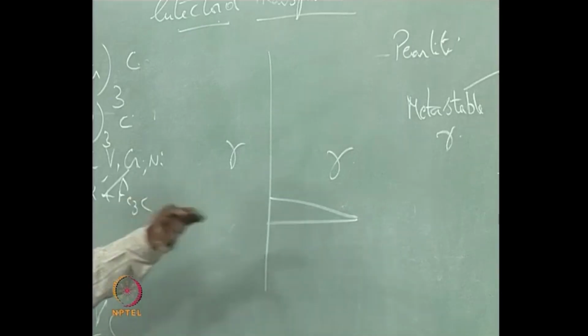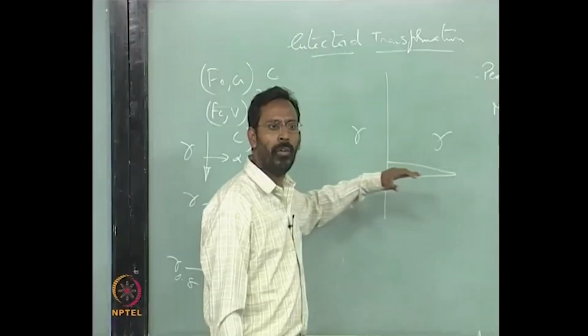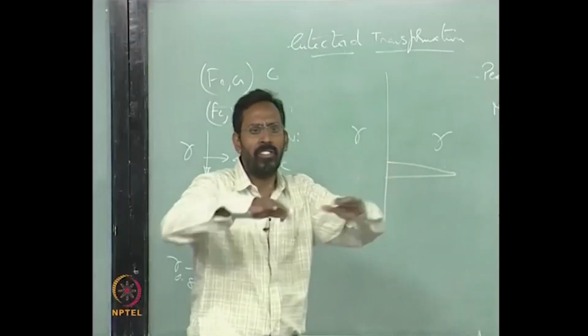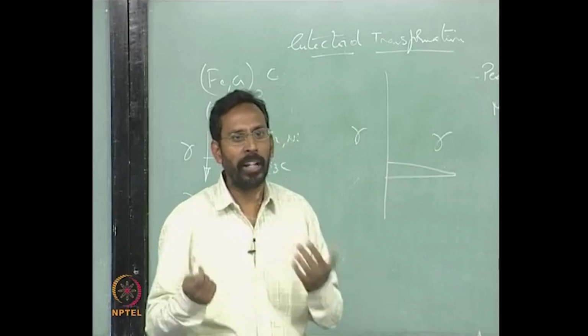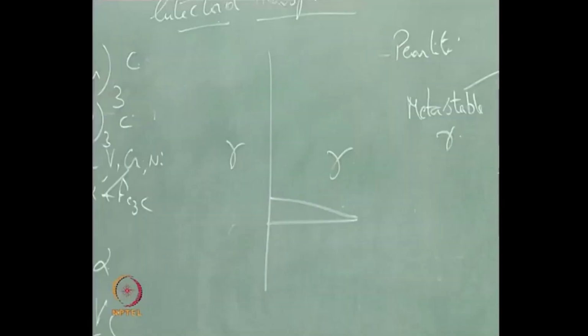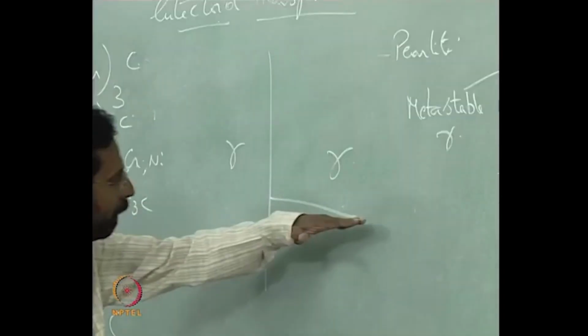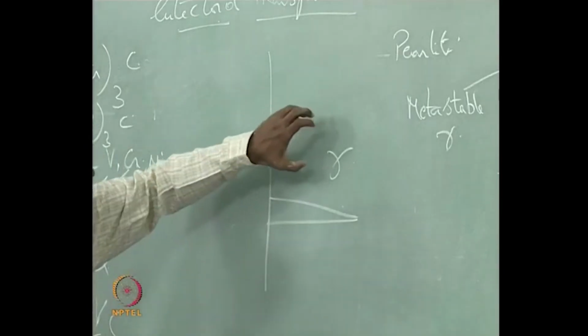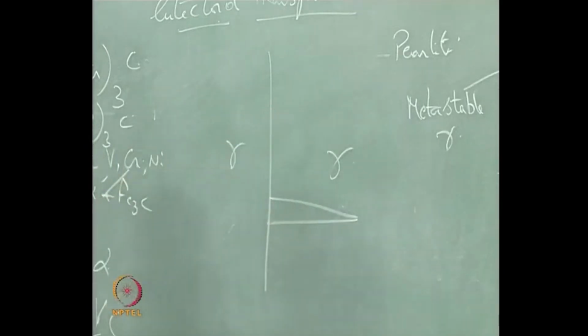So as a result, the alpha that is coming out will form on certain planes of gamma in order to get a coherency, so that you will see there is a habit plane between the gamma and the alpha.